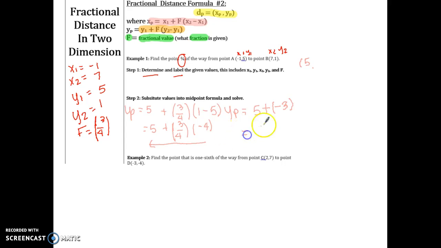So we add these two: 5 plus negative 3, or 5 minus 3, is going to give us a 2. And so our yp over here will be 2. So our final answer would be dp equals (5, 2), box.